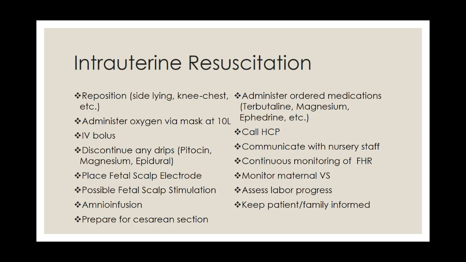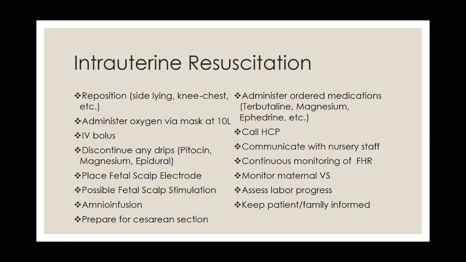We might place a fetal scalp electrode. A fetal scalp electrode allows us to internally monitor the baby's heart rate. It's a little device that gets screwed into the baby's head, and you can put that in while you're doing a sterile vaginal exam. To put in a fetal scalp electrode, the mom's water has to be broken.